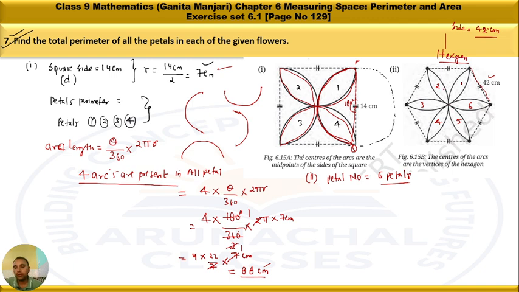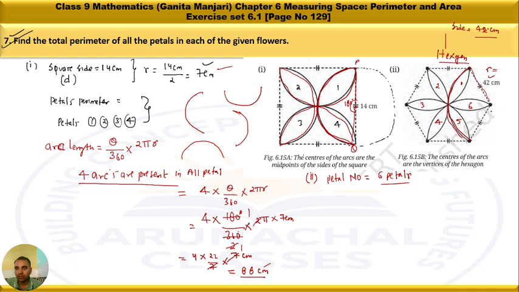Now we need to find out the length of all the petals. The first one, let us see here. What I am considering here, let it be this arc. So you can just see the red line. This is one arc from petal 1 and petal 5. Now 42, which is the side of the hexagon, will be the radius of the circle.